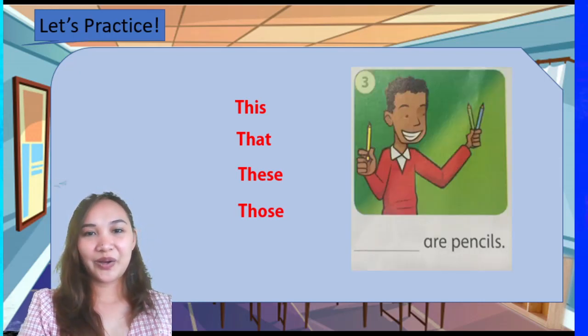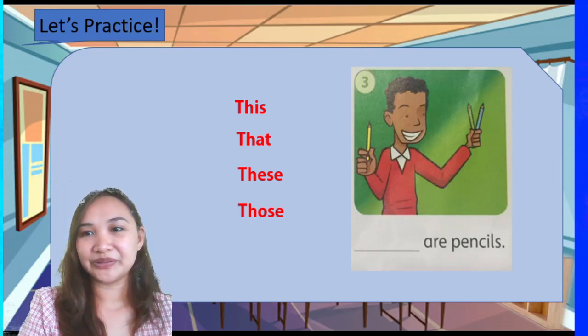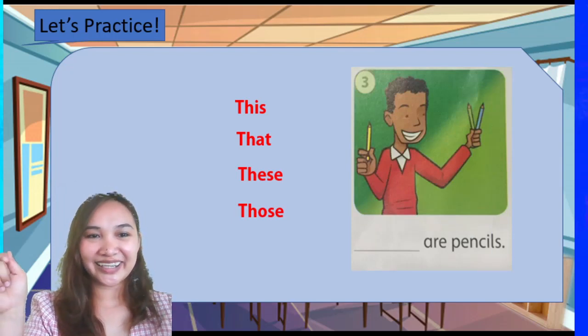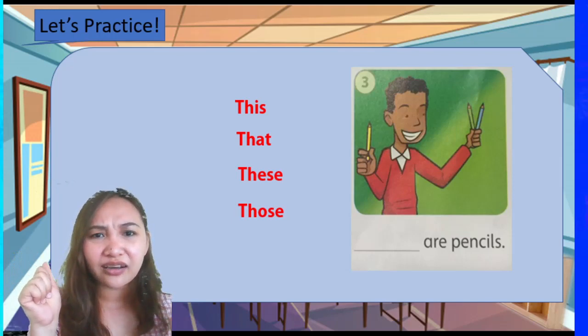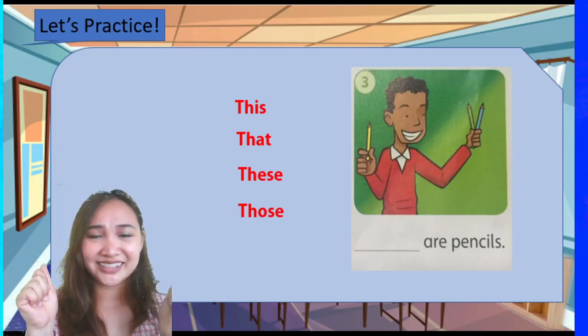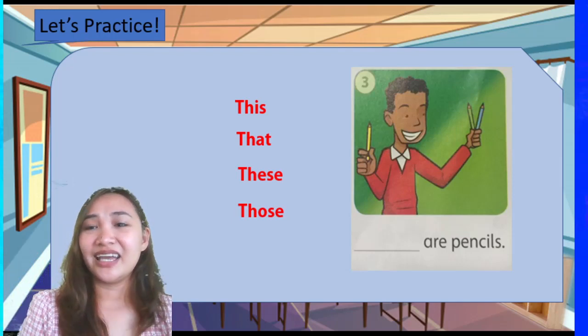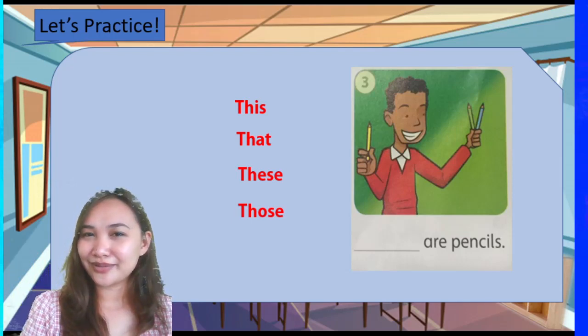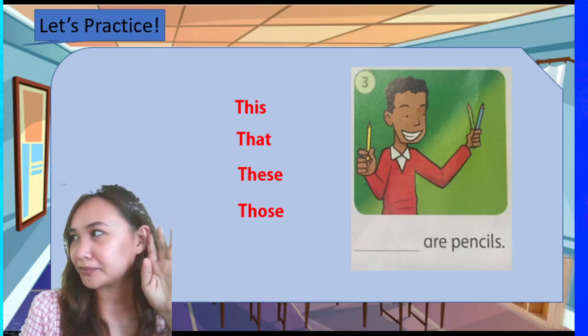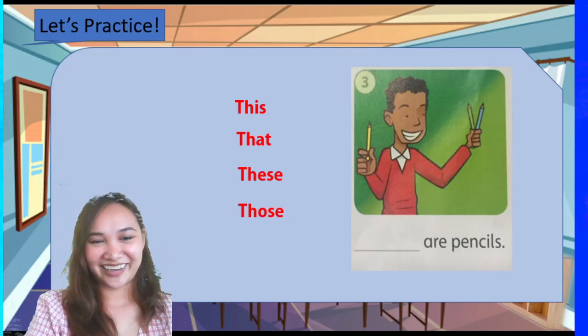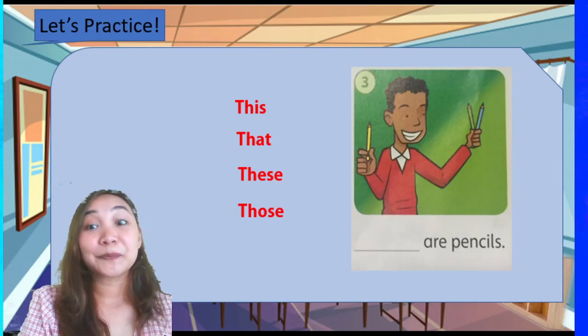Very good. All right, another example. There's a boy again, happily holding an object. And what is that object? It's a pencil. And what do you think he will say? You're getting it.